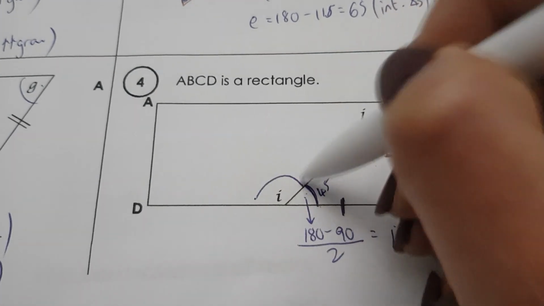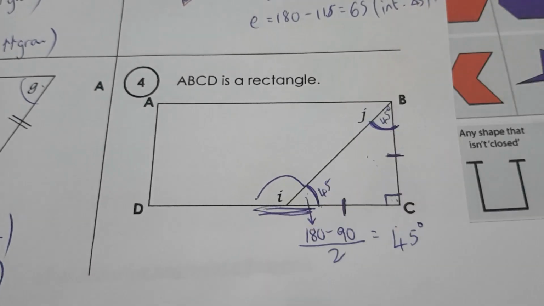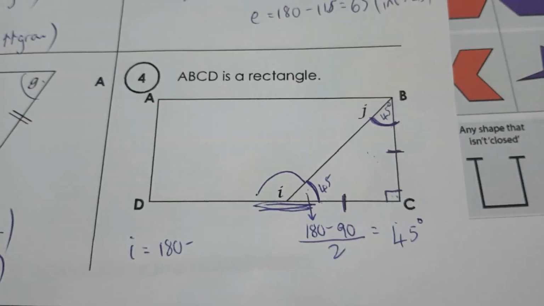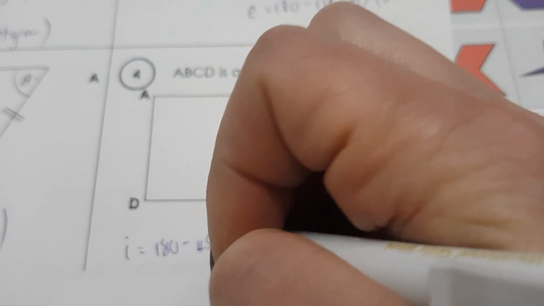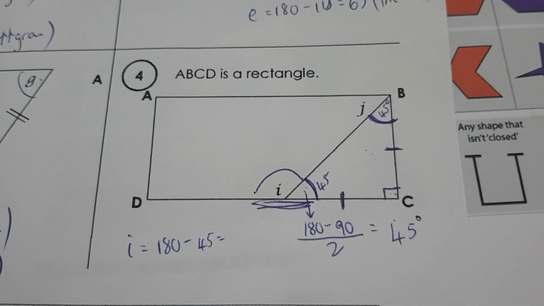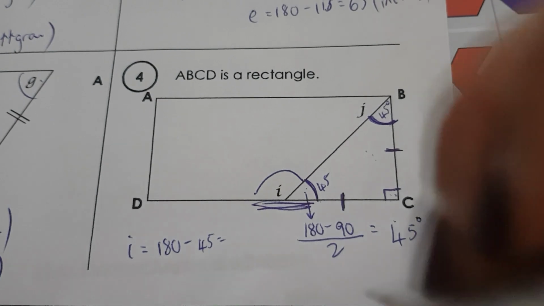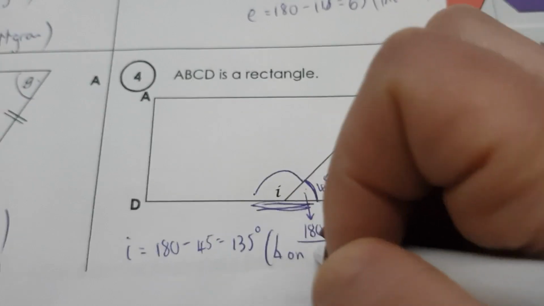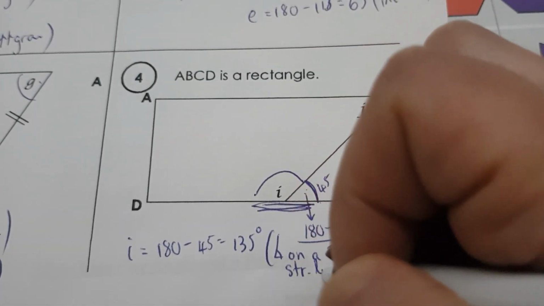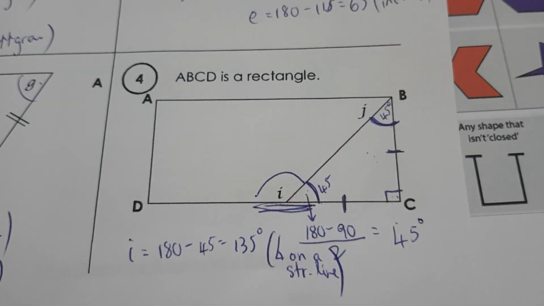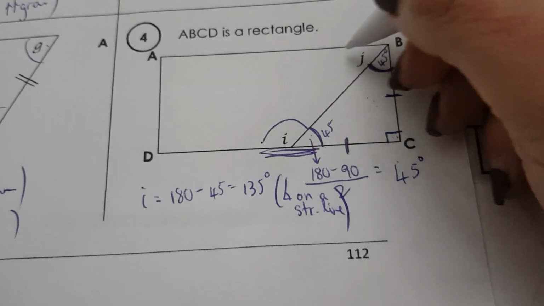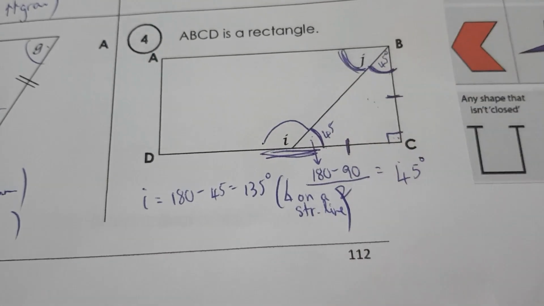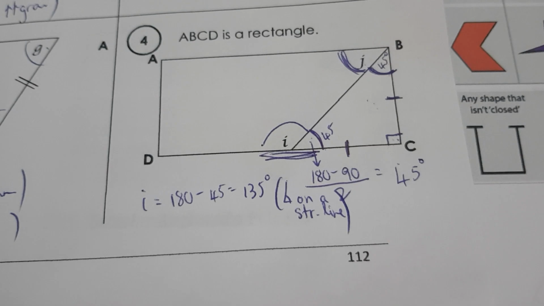Now, it's easy to find I because that is on a straight line. So I would be 180 minus 45, which is 135 degrees, and the reason is angles on a straight line. Now for J, although be careful, this is not an angle on a straight line.